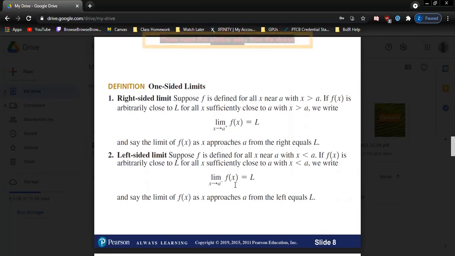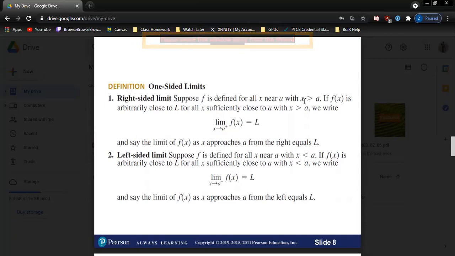I don't want you to memorize this. If you just understand what it means, that should be fine. This plus means you are approaching from the right, or in other words, you are calculating the right-hand limit. And for minus, you are approaching from the left. That means you are calculating the left-hand limit. Okay, they have defined this as left-sided and right-sided.